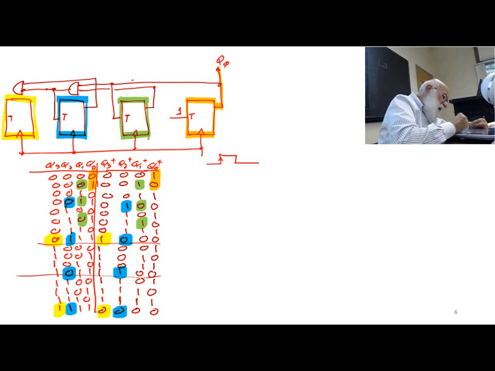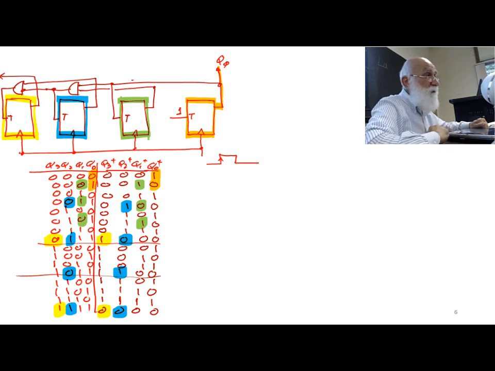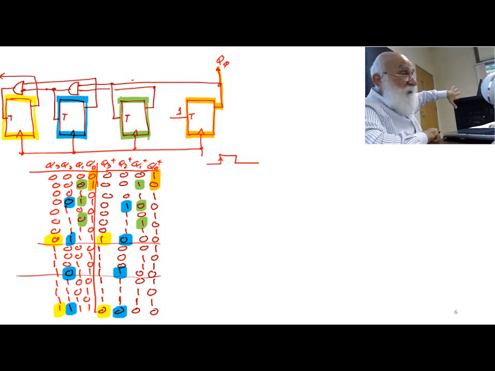Okay, and then bring this into the T input. For the next bit, if I want to build that, I also take this and send it out to the output, to the left hand side.